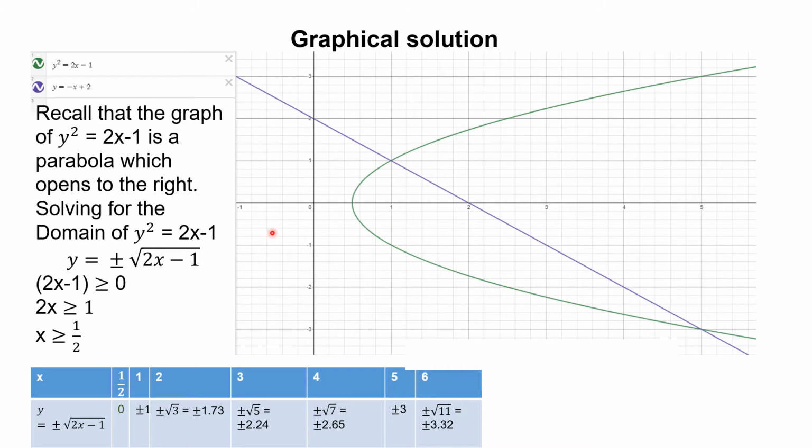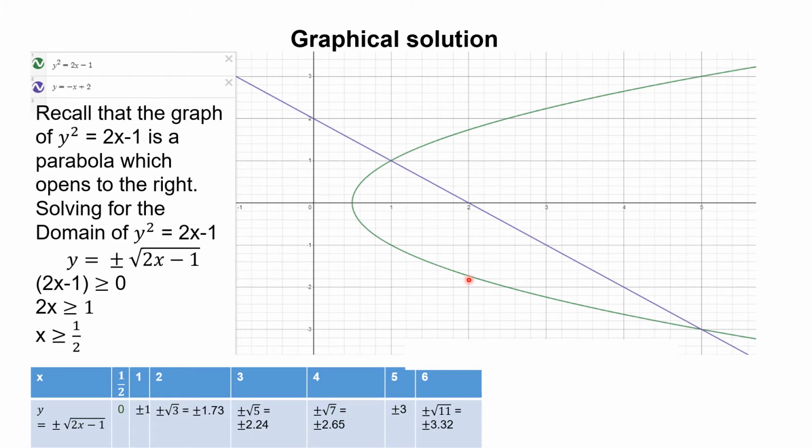So let's take a look at the graph here. When x is equal to 1/2, you have here y is 0. When x is equal to 1, you have positive 1 and negative 1. When x is equal to 2, we have plus or minus 1.73. So this one, this is y equal to 1.73, and here when x equal to 2, this is y equal to negative 1.73.